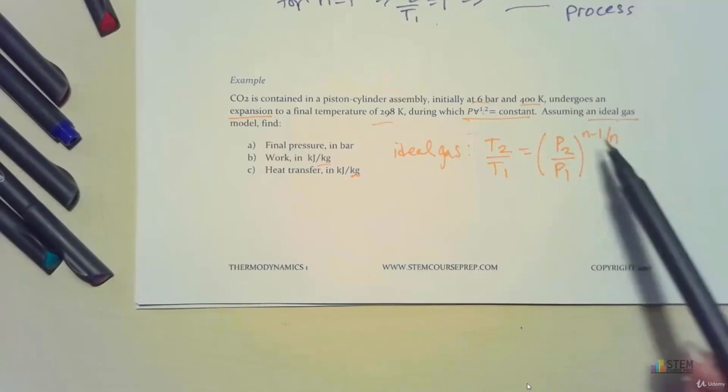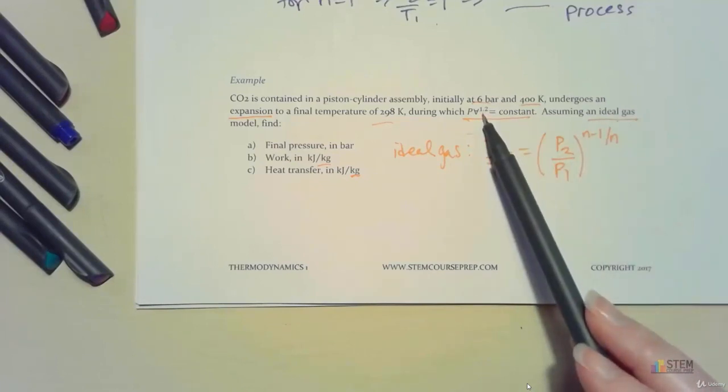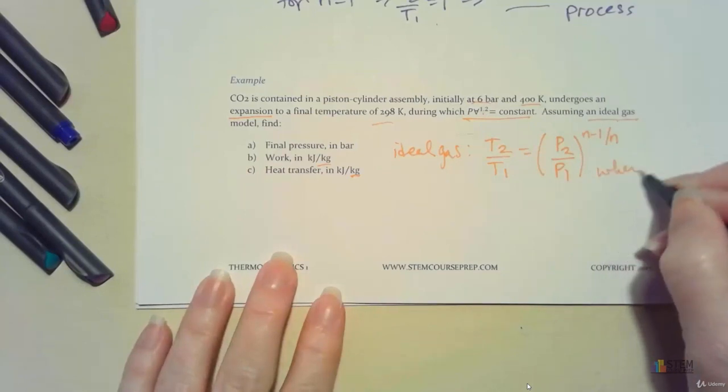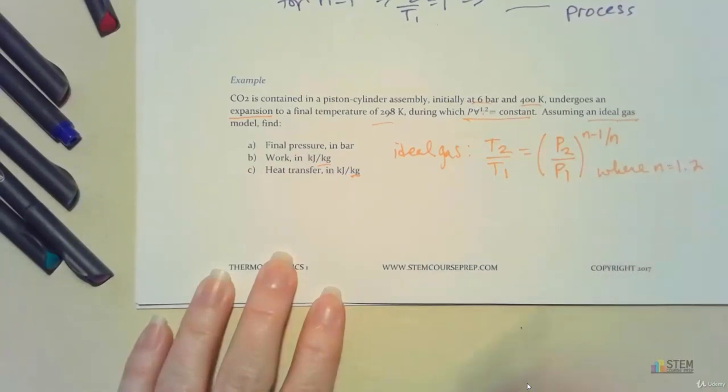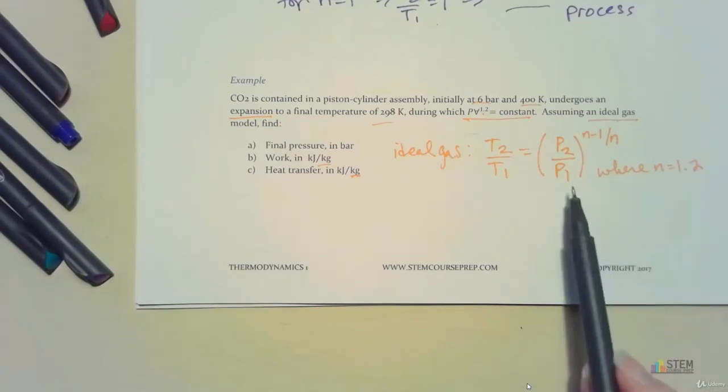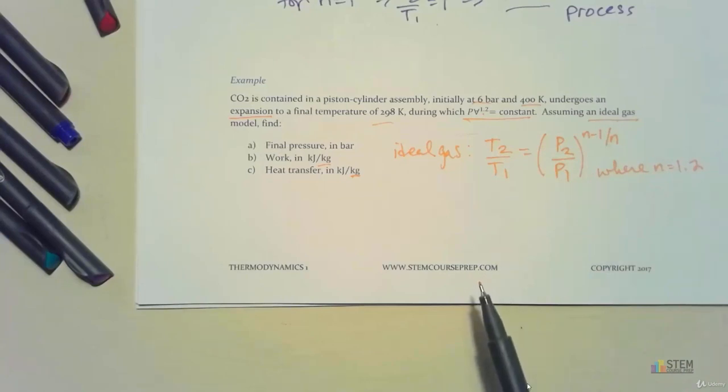Now, N, remember, is going to be found right here in this relationship. So N is going to be 1.2. That's usually going to have to be given to you. Now we have everything we need to plug into this equation to find final pressure.